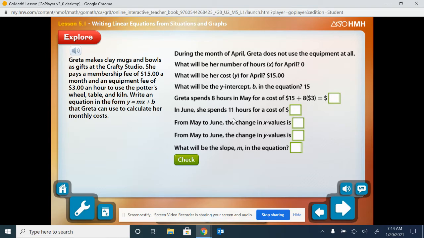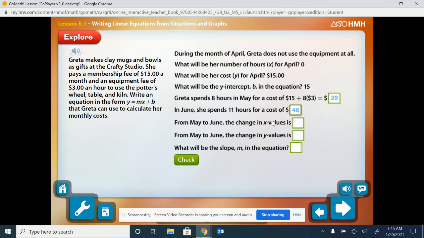So remember, to find the total cost, if they give you that, it says Greta spent 8 hours in May. So you multiply 8 times 3, which is 24, plus 15, which is 39. And then if she spends 11 hours, it would be 11 times 3, which would be 33, plus 15, which is 48.